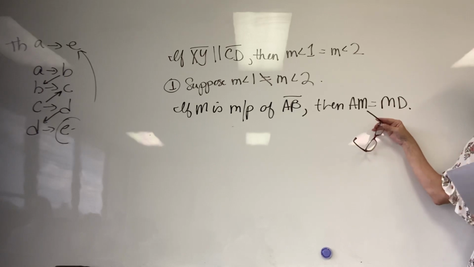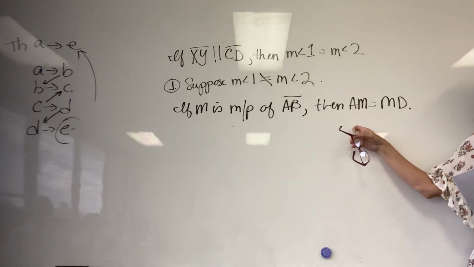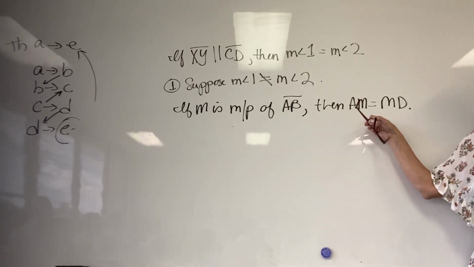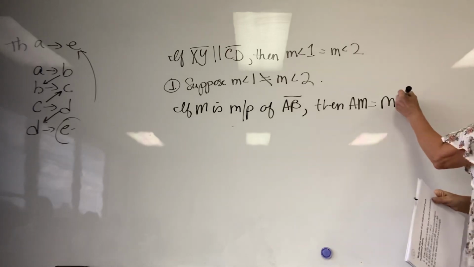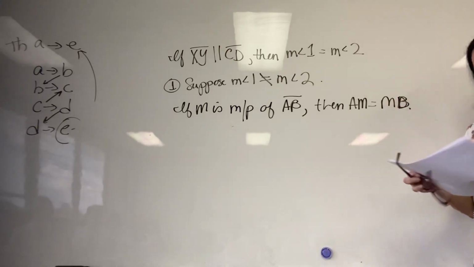If this is my conclusion, what is my first premise? What is it, Abby? Suppose AM is not equal to MB. That should have been MB. Are you following this? We're going to do some more.